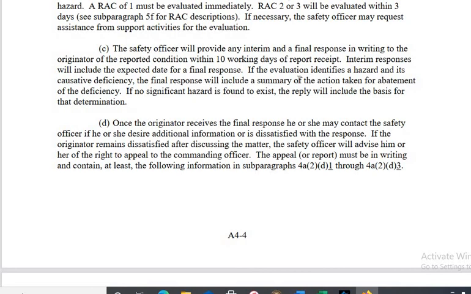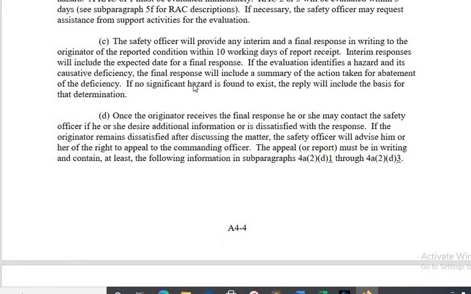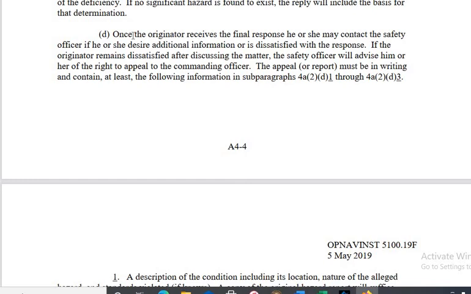The safety officer will provide a response to the originator within 10 working days of the receipt. So the safety officer has to respond to whoever raised that flag saying, hey, something's unsafe. And similar to one of the other chapters we reviewed for this series, you have the right to appeal to the CO. If the safety officer says, nah, it's safe, I have the right to say, no, I want to tell the CO, I think this is really, really dangerous for our people.